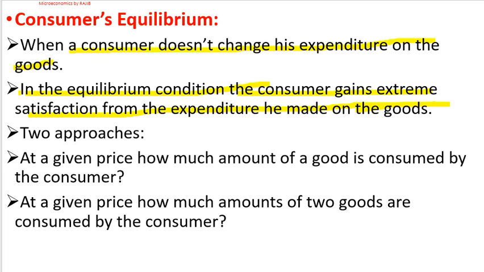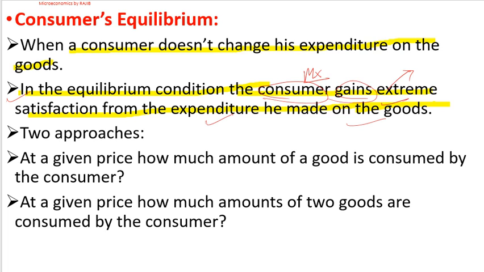That means whatever expenditure he has made on the goods, for that expenditure he should have the maximum satisfaction, and that maximum or extreme satisfaction is the equilibrium condition. To get the equilibrium condition the consumer must get the maximum satisfaction from the expenditure he made on the goods.